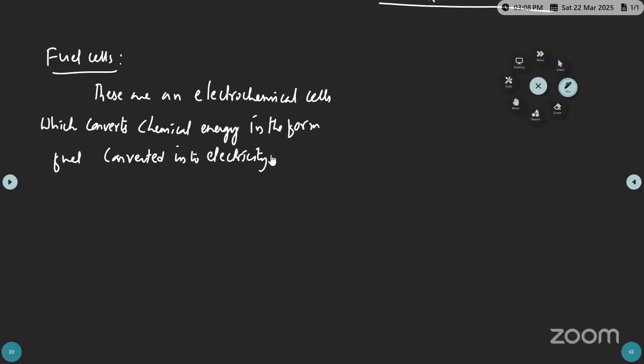So these fuel cells also convert chemical energy into electrical energy, but here the chemical energy is provided by the fuel.